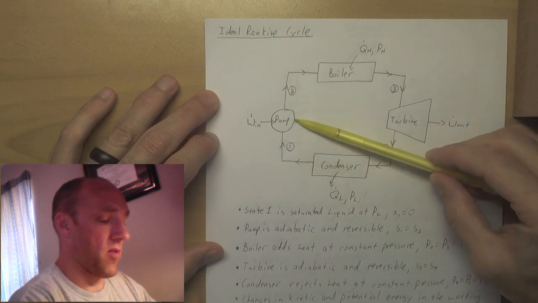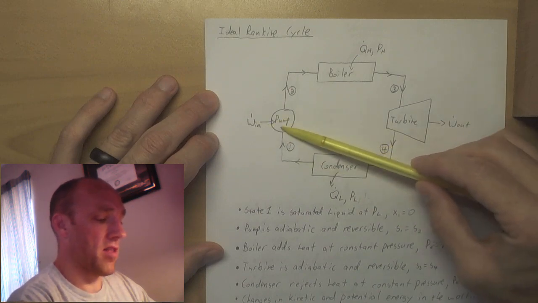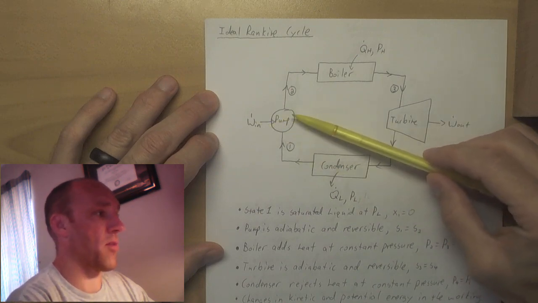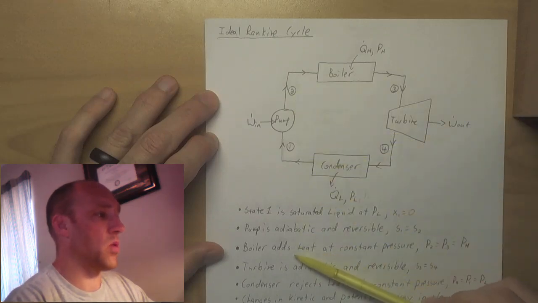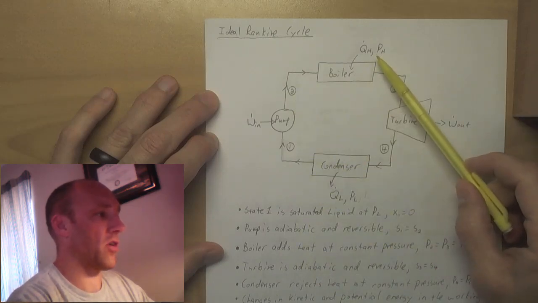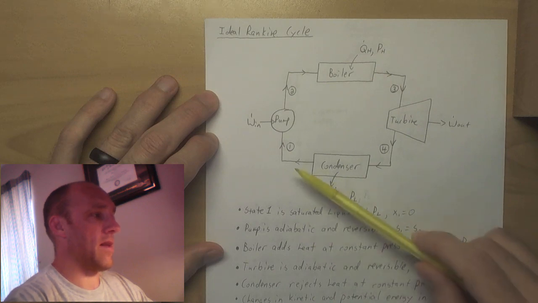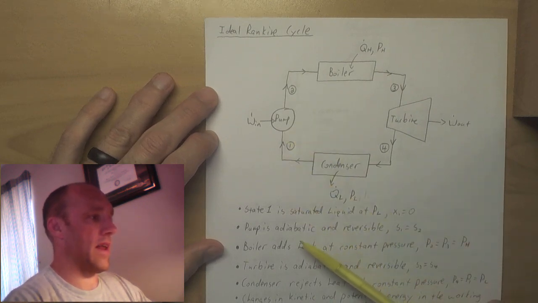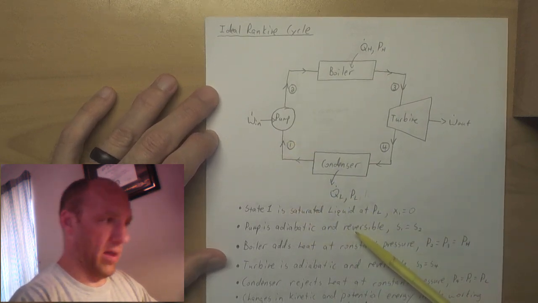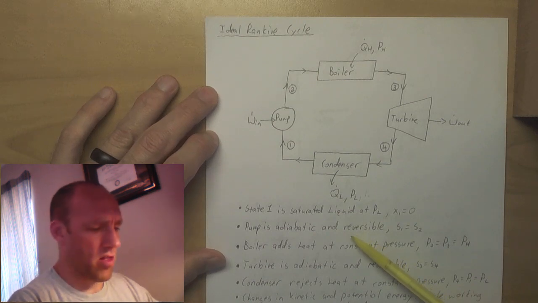It gets compressed in the pump. It accepts input work, gets compressed in the pump, and at state two, it is at the high pressure, and it does so in an adiabatic and reversible way. This is the assumption.